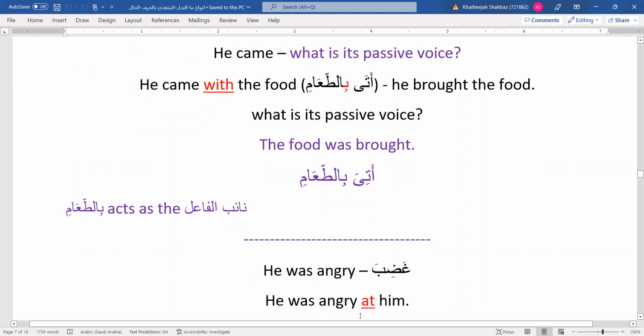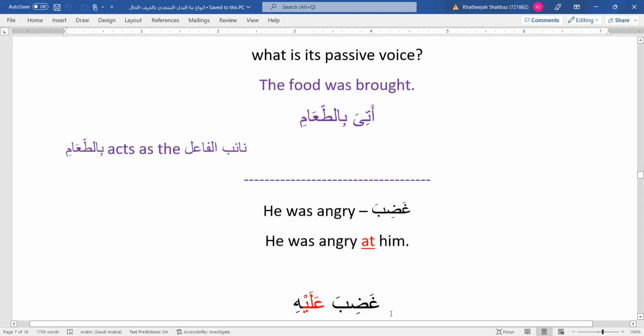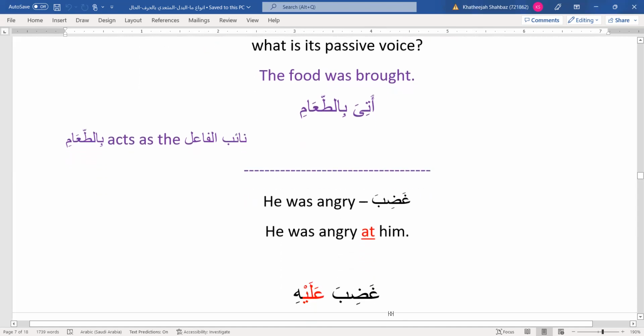Because when you say he was angry at, then you can generate the question who or what. It has become mutaddi now by adding the word at. And then you can say him. He was angry at him. So what will be the Arabic? Ghadiba alayhi. He was angry at him.